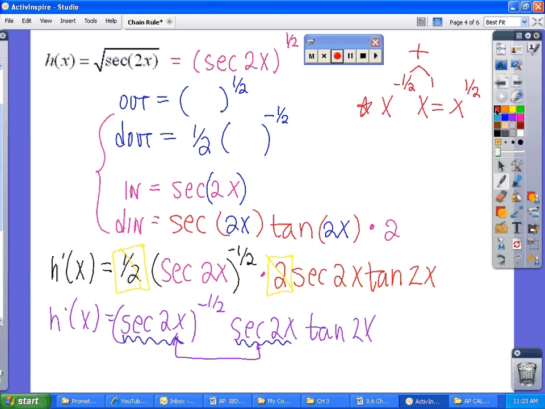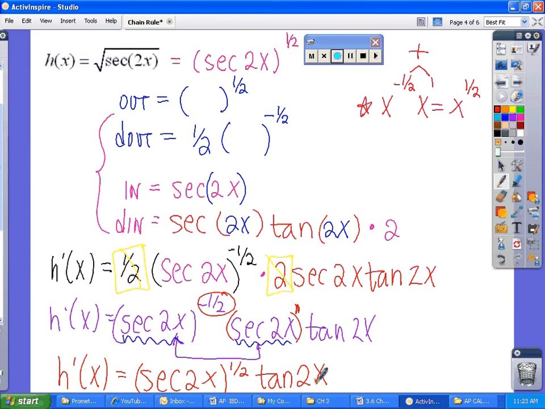So your secant of 2x, the power becomes positive 1/2, because negative 1/2 plus 1 makes positive 1/2, and then tangent of 2x, which you might want to rewrite as the root of secant of 2x and then tangent of 2x. And that's where it's being multiplied.